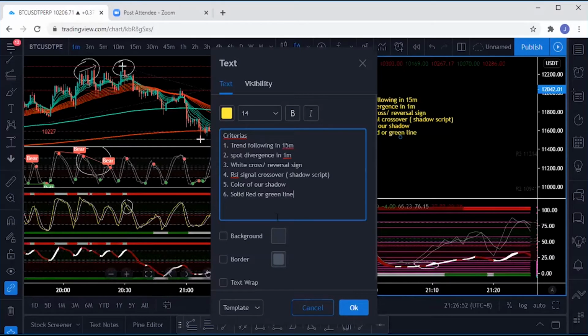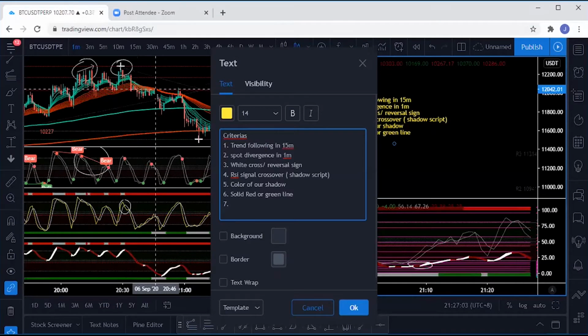Okay, check. Next thing, number 7, is our not crossover, red to green, not crossover, or our not entry. Wave crossovers.